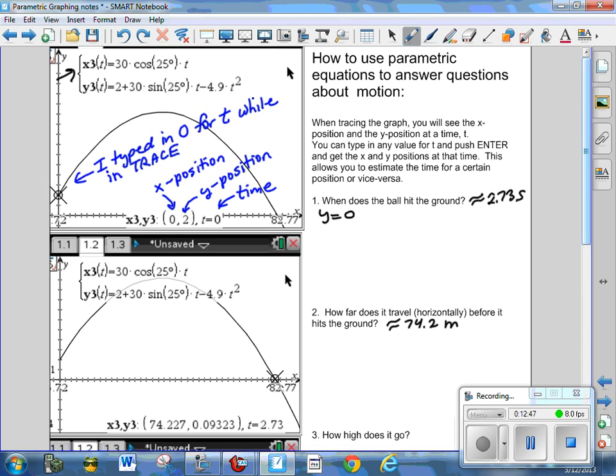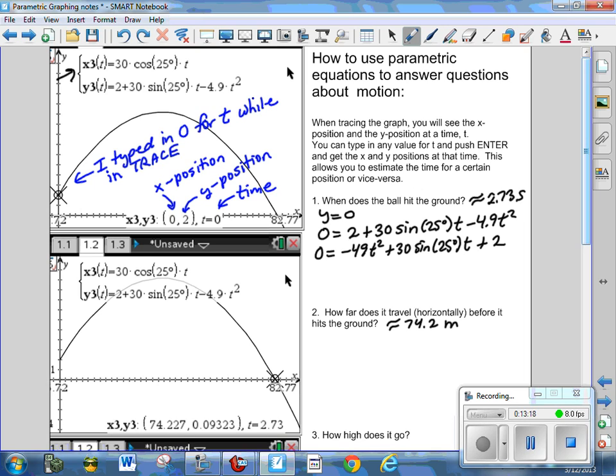You see that this is going to be a quadratic equation: 0 = 2 + 30 sine of 25 degrees t minus 4.9 t squared. Written in the order of a quadratic equation, it's negative 4.9 t squared plus 30 sine 25 t plus 2.